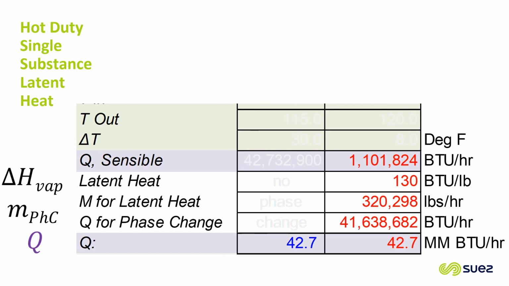So it's fairly simple when we have 100% condensation, and that gives us the balance of the heat in the E20s, and it balances out at both at about 43 million BTUs per hour.